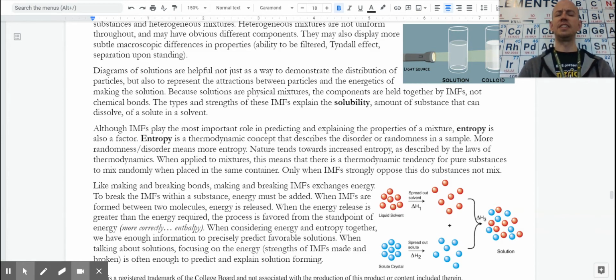There's lots of different definitions of entropy, but in terms of solutions, it's that mixed up combination of things where the more mixed up or the more random it is, the more entropy that we have. So if I take two pure substances and they're in separate containers, obviously they aren't mixed. But as soon as I put them together, those particles are moving randomly if it's a liquid or gas.